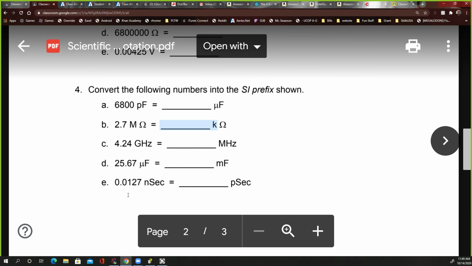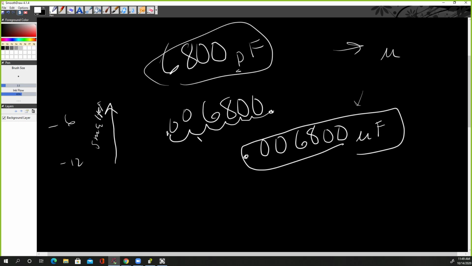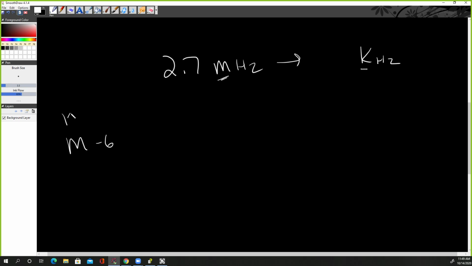So let's write the number. What was the number? 2.7. The number here is 2.7, and that was mega something. What was it? Megahertz? I think it was megahertz. And they want to know how many kilohertz that is. Well, remember, mega is 10 to the 6, and kilo is 10 to the 3. So that's a 3 difference. So 2.7. And remember, we're actually going down the chart, so it gets bigger.